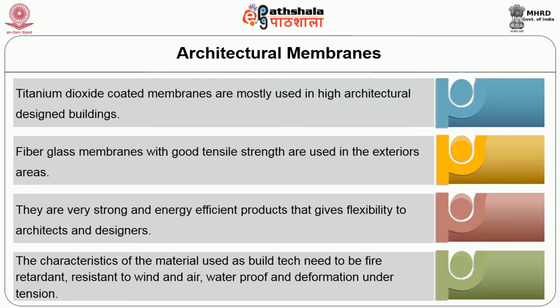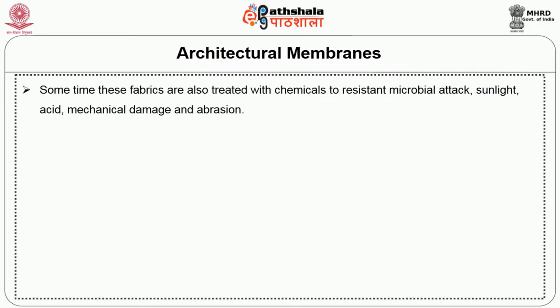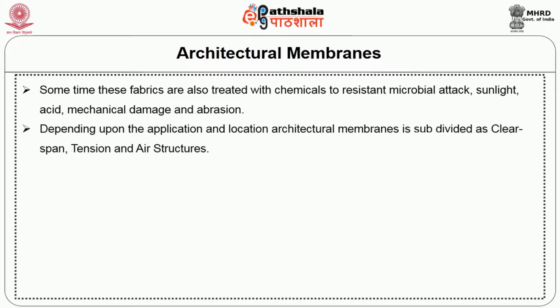The materials used as Buildtech need to be fire retardant, resistant to wind and air, waterproof and resistant to deformation under tension. Sometimes these fabrics are also treated with chemicals to resist microbial attack, sunshine, acid, mechanical damage and abrasion. Depending upon the application and location, architectural membranes are divided into clean snap, tension and air structures.